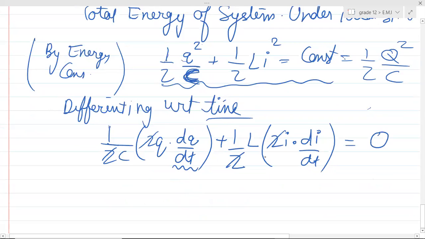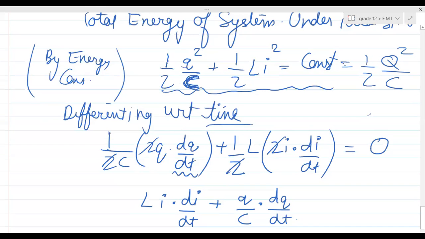Can you solve it for me, please? Can I write this as L into i into di by dt? Yes, sir. And can I write this as q by C into dq by dt?